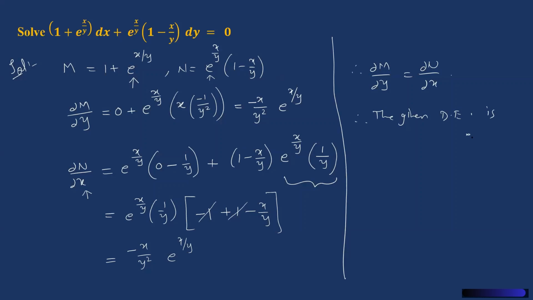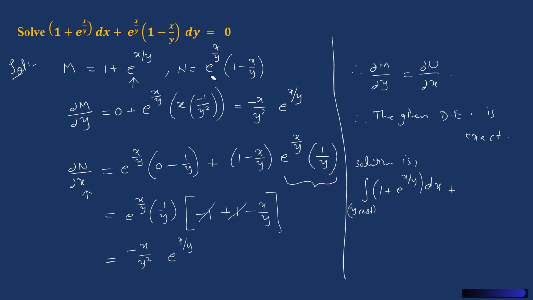is exact, right? So when the given differential equation is exact, we need to write the solution like this. Therefore, the solution is the integration of all this M. So it is 1 plus e to the power of x by y dx. And here we need to treat y as a constant. Then plus, is there any term in N without x?